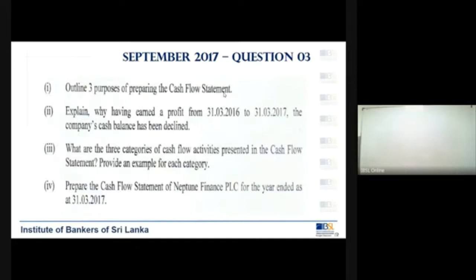Right? Within brackets, you can say example, accrual concept.